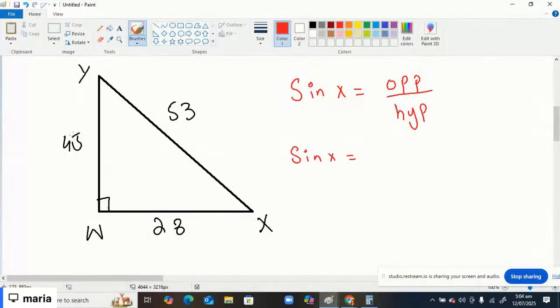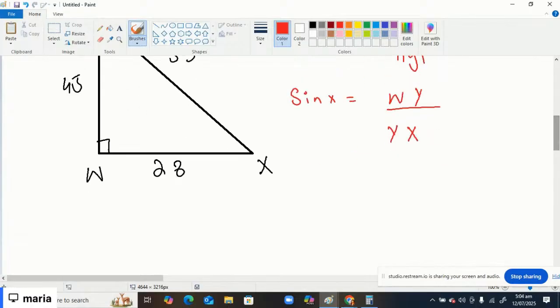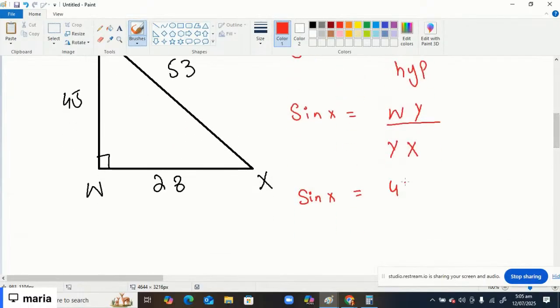Opposite is wy, which is 45, and hypotenuse is yx. So we write it this way: this is opposite, this is hypotenuse. Now sine x equals wy, which is 45, over yx, which is 53.